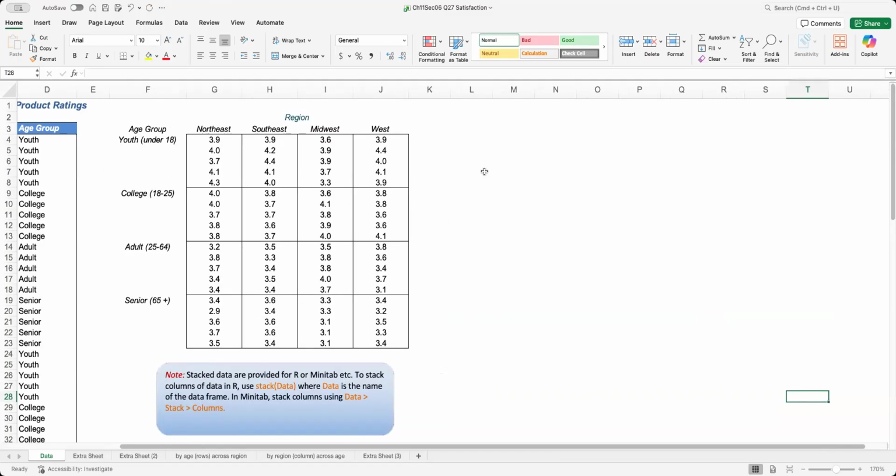Here's our data set, stolen right from the Excel spreadsheet. Run me the 2-factor replication ANOVA.